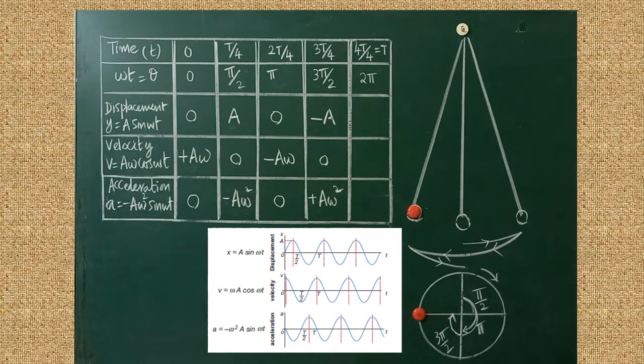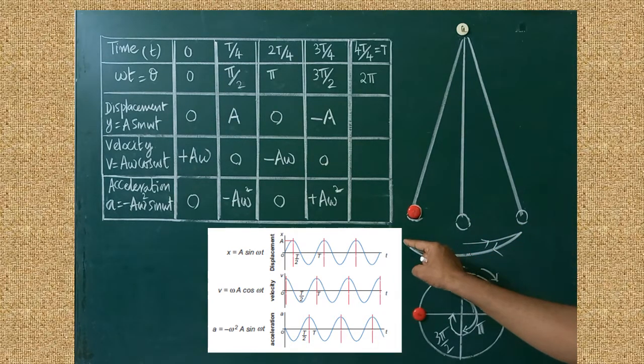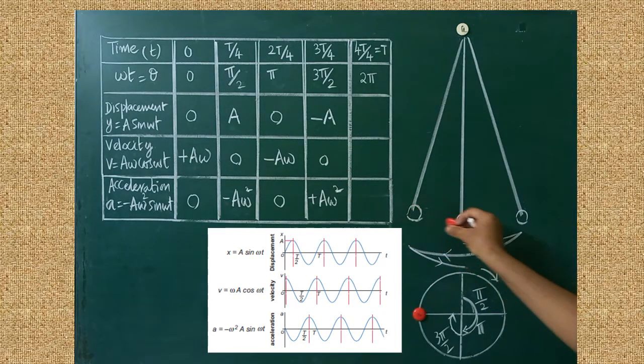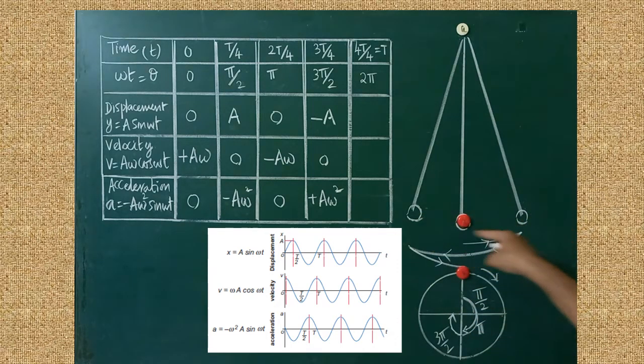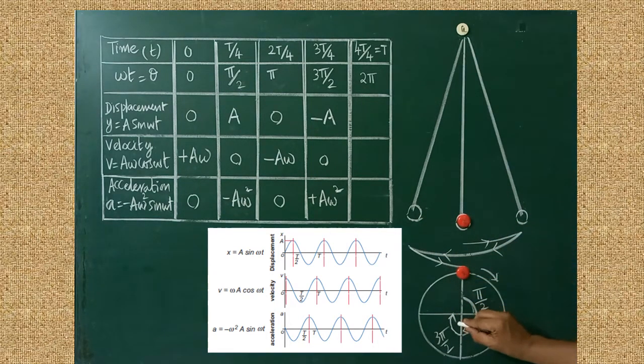Now the pendulum has gone to the left extreme and come back to the same position. This circularly moving particle can be brought here, because its projection acts as simple harmonic motion. Now the total displacement of the circularly moving body is 2 pi.